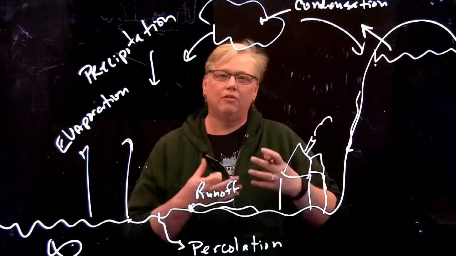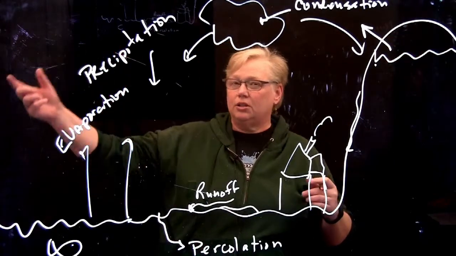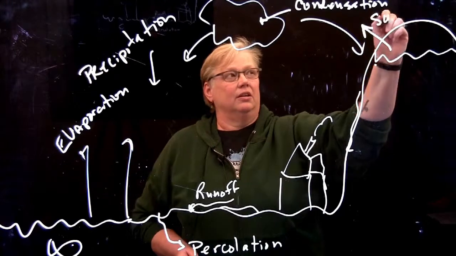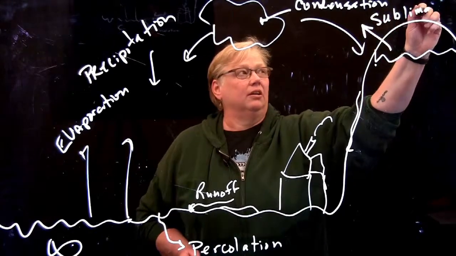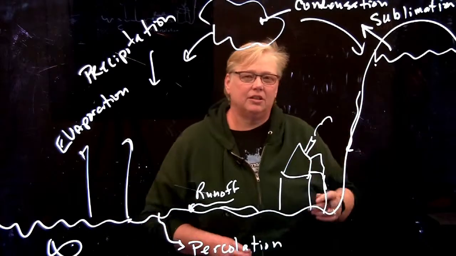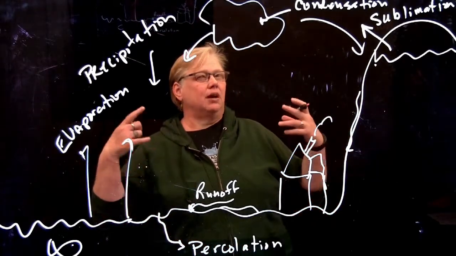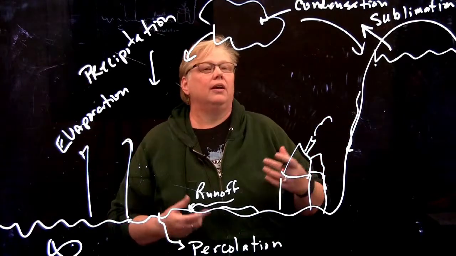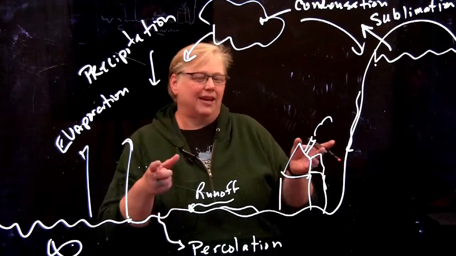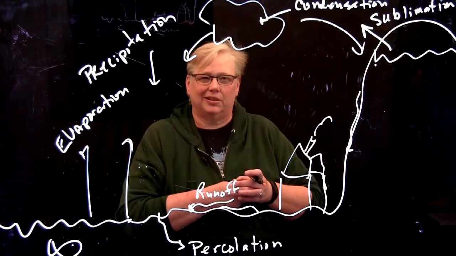When water goes from snow, from a solid, straight to a vapor, it doesn't have to melt, that's called sublimation. Sublimation. You see this all the time. When you open your freezer door and that white smoke comes out and then it just disappears, it has sublimated from your freezer. We see it all the time. That's why the old ice cubes in your ice cube trays get smaller and smaller all the time.